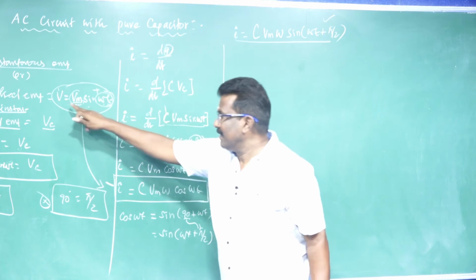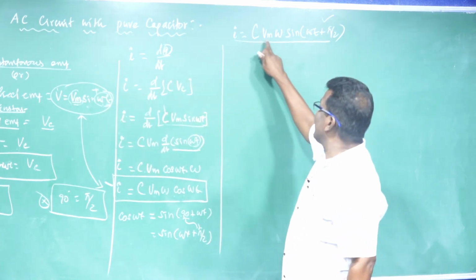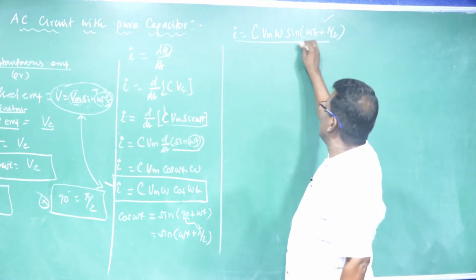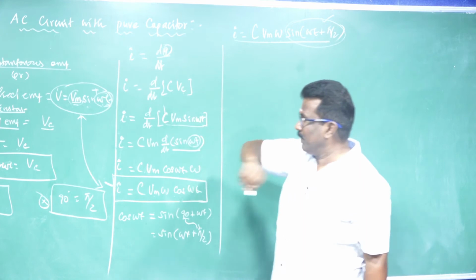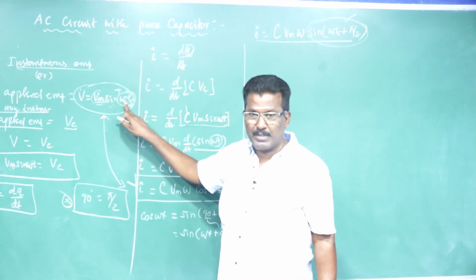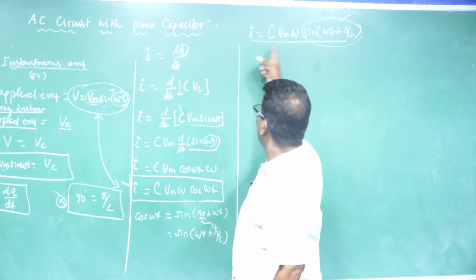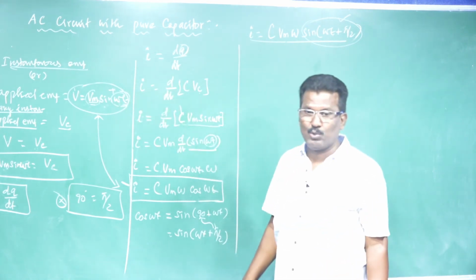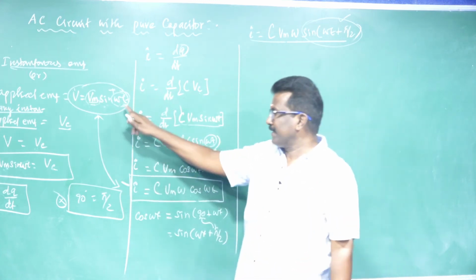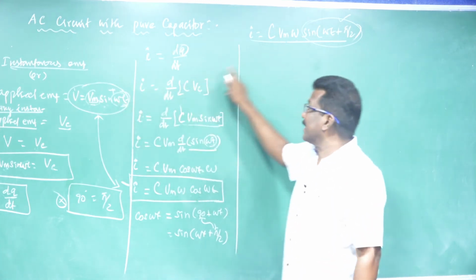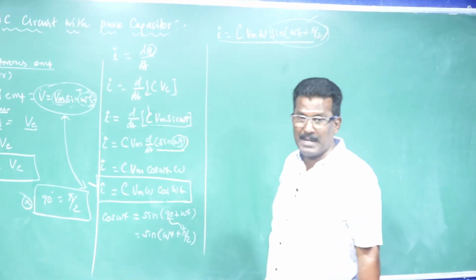See these equations. V is equal to Vm sin omega t. I is equal to C Vm omega sin omega t plus pi by 2. In these two equations, the sin function varies: here it is only omega t, and here it is omega t plus pi by 2.